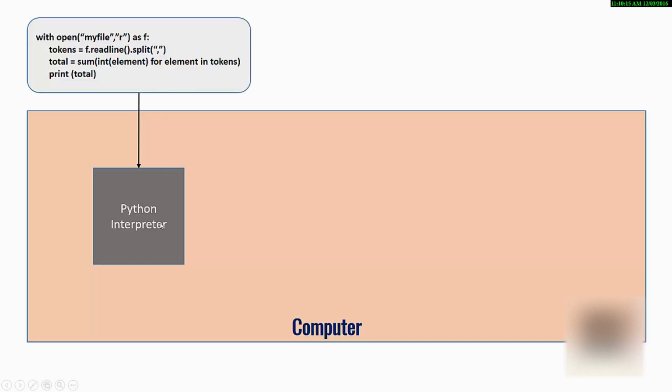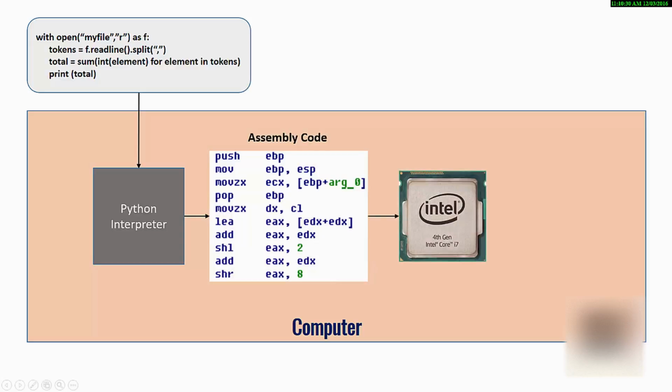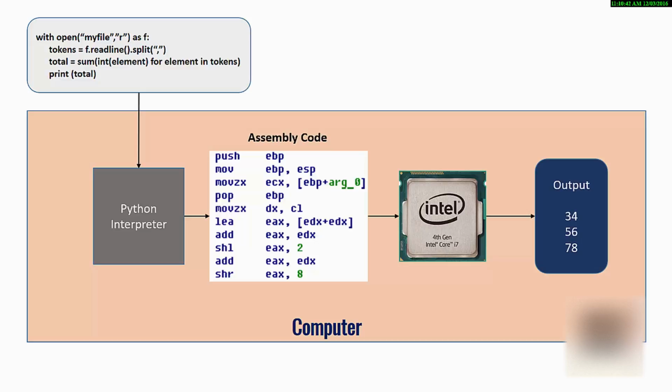Python interpreter is just a piece of software that comes with Python installation, and it's gonna convert that code into something called assembly code. Okay, and this assembly code is then given to a CPU in your computer. CPU is basically a central processing unit. You can think of it as a brain of your computer, and then it's gonna produce the output that you need.